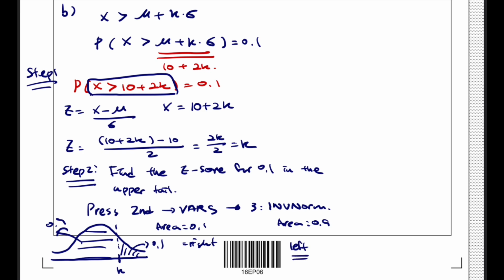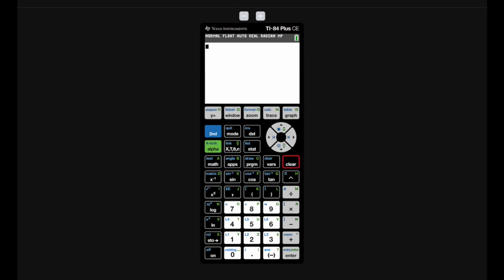So what I meant by this is, let's go to the calculator. We're going to go second, vars, and choose inverse norm, and choose the area as 0.9, then mean as 10, standard deviation as 2, and then choose left as our tail, and hit enter.